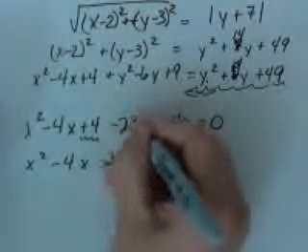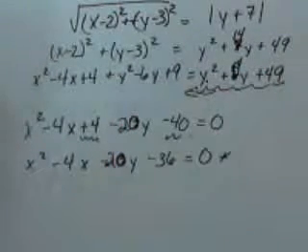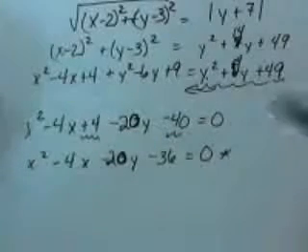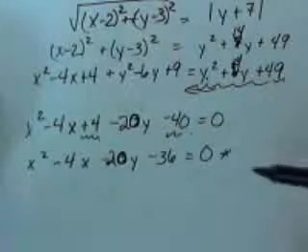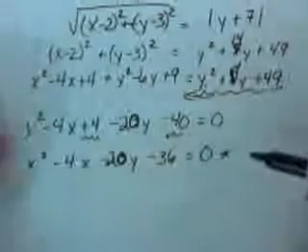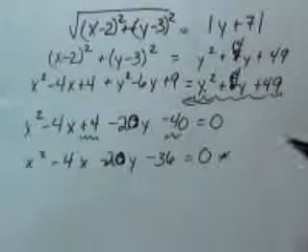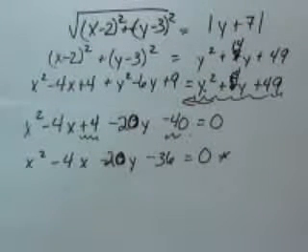So that's a minus 20 right there. Okay. So anyway, we can tell that this is definitely going to be the equation of a parabola, which we knew it was going to be anyway.